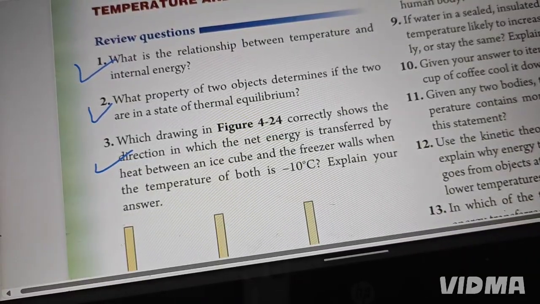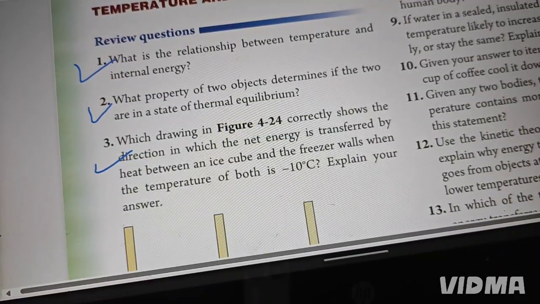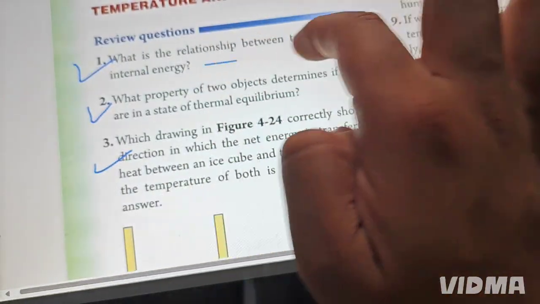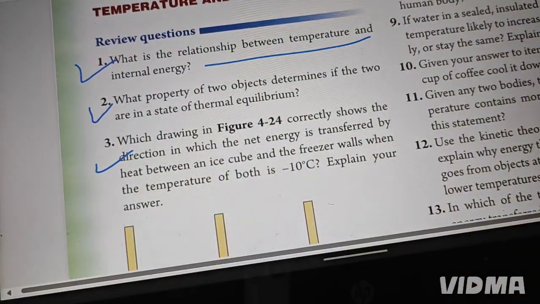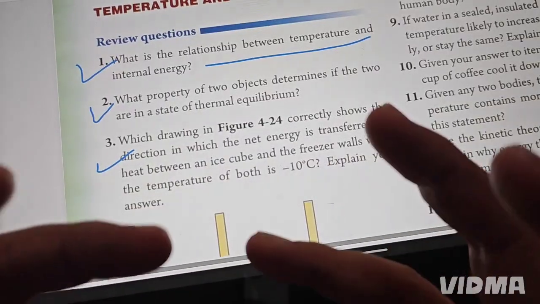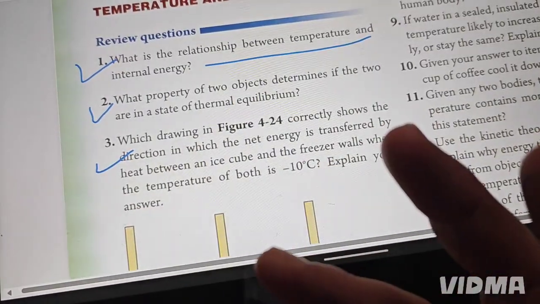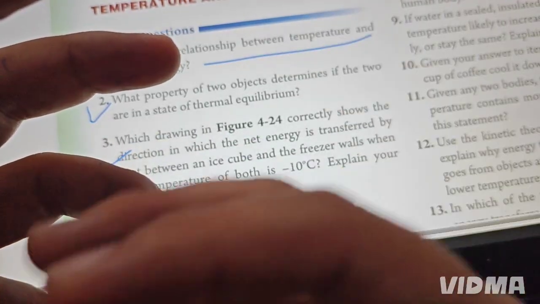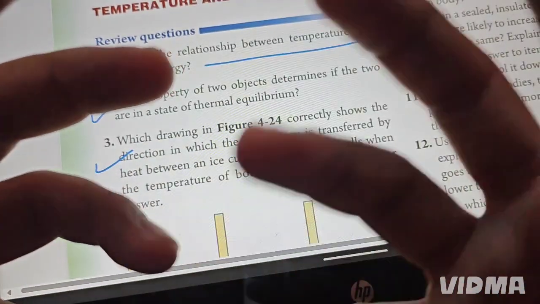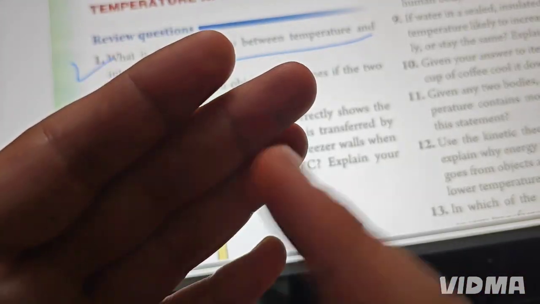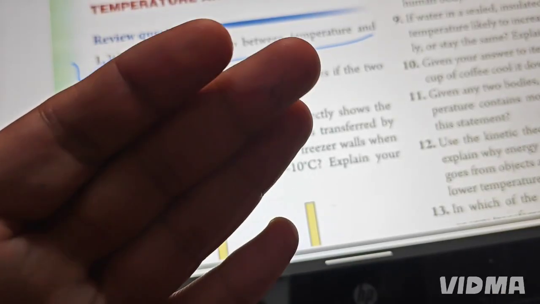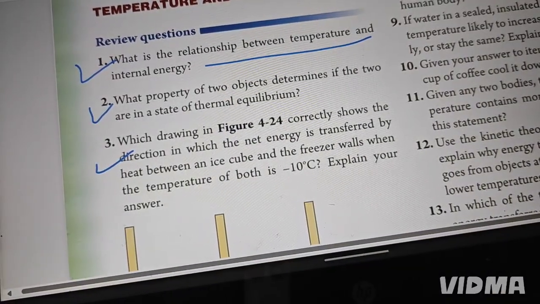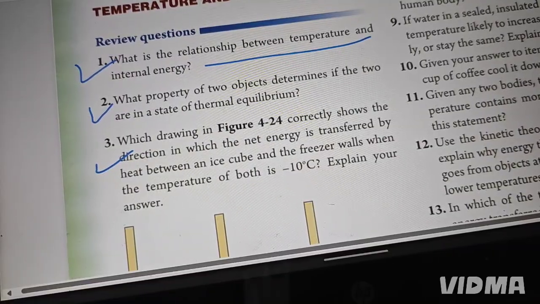Let me start from question 1. Question 1 asks, what is the relationship between temperature and internal energy? We explained that the relationship between them is direct proportion. For example, if an object receives a lot of energy, a lot of heat, the temperature of the particles increases, and the internal energy increases too. Internal energy is the motion of the particles.